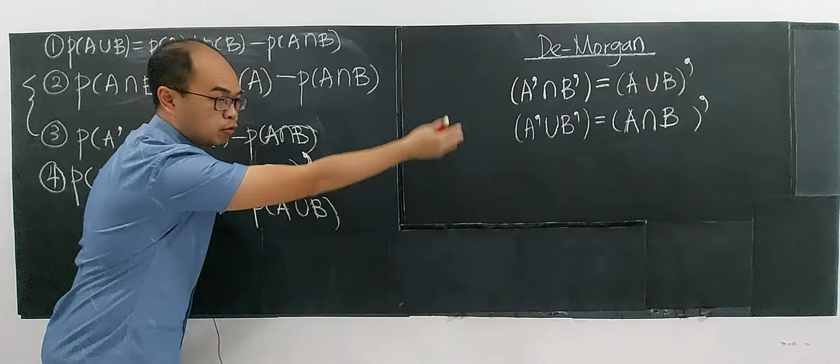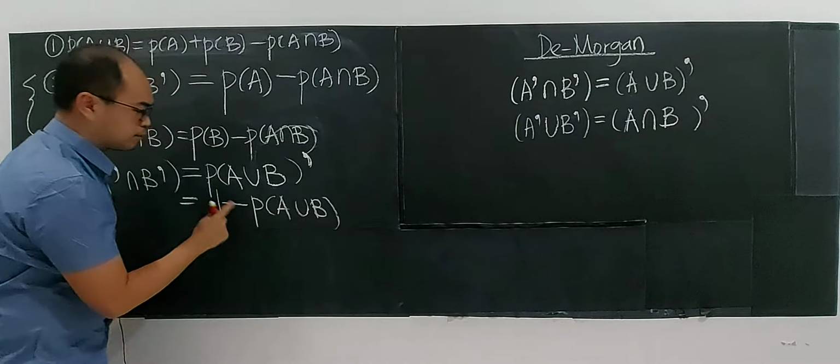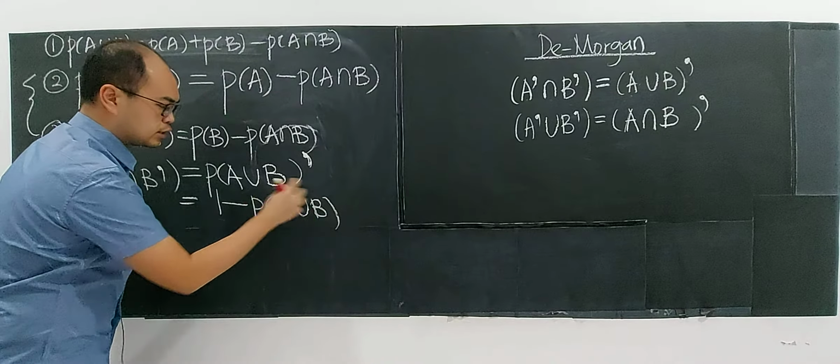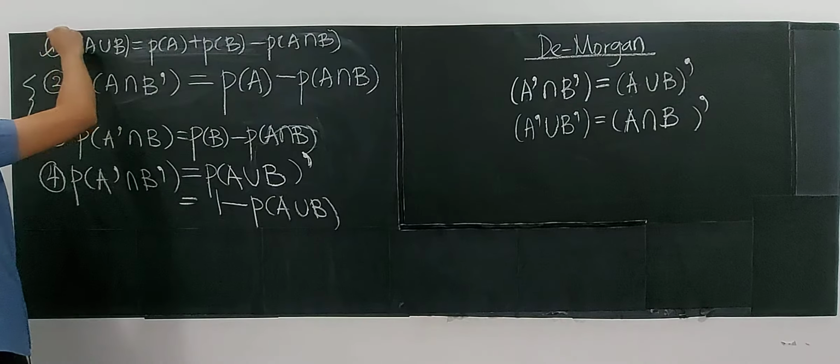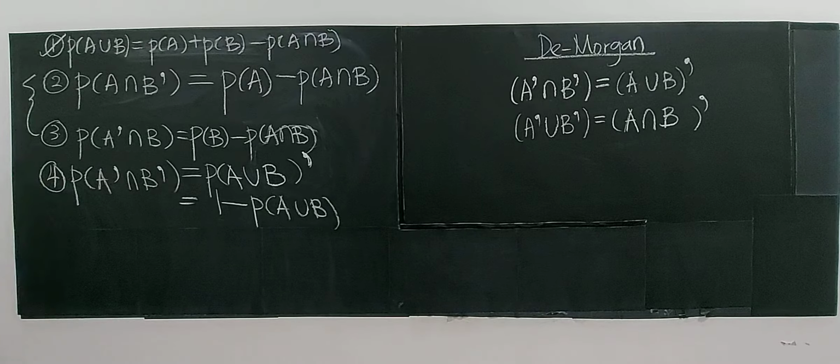With the help of the De Morgan rule, we can get 1 minus P(A union B), where this value can be obtained from the first formula, the union of two events.